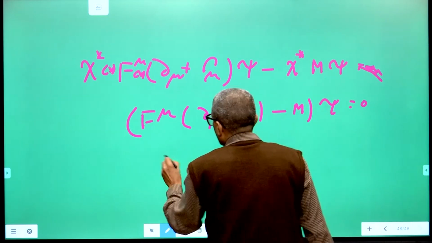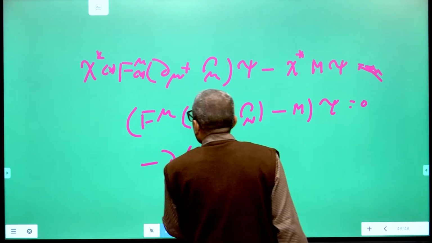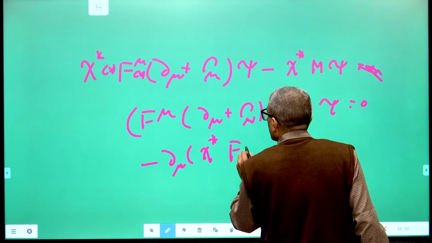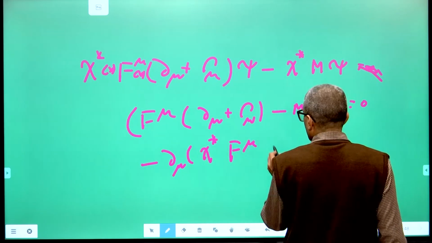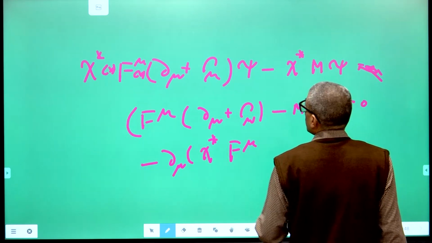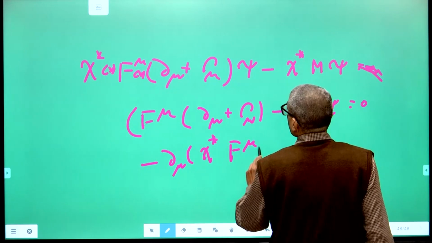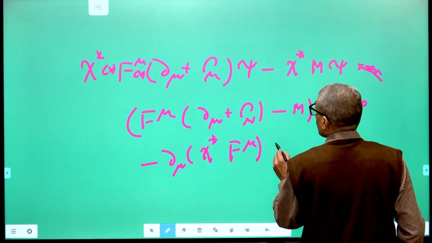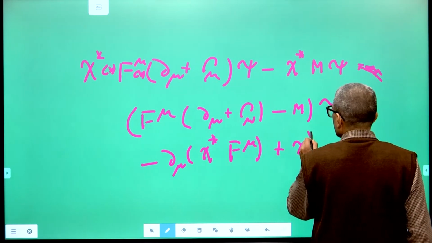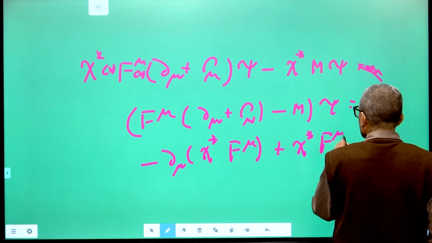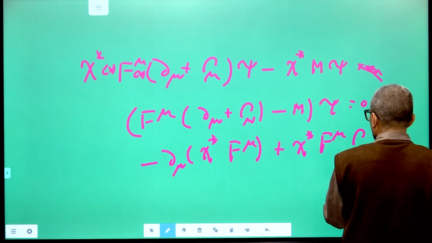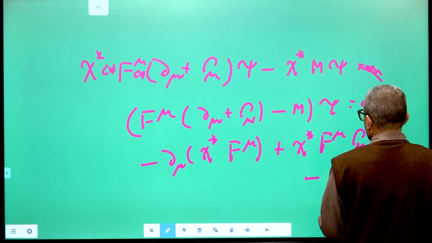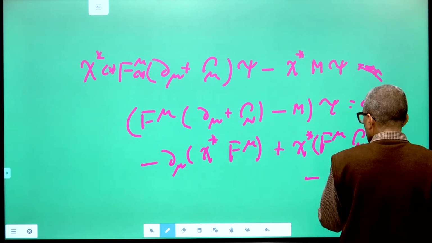The dual equation you will get is minus dou mu acting on chi star, the variational derivative with respect to psi, into f mu, into chi star into f mu. Here you will get this plus chi star f mu gamma mu minus chi star m equal to 0.